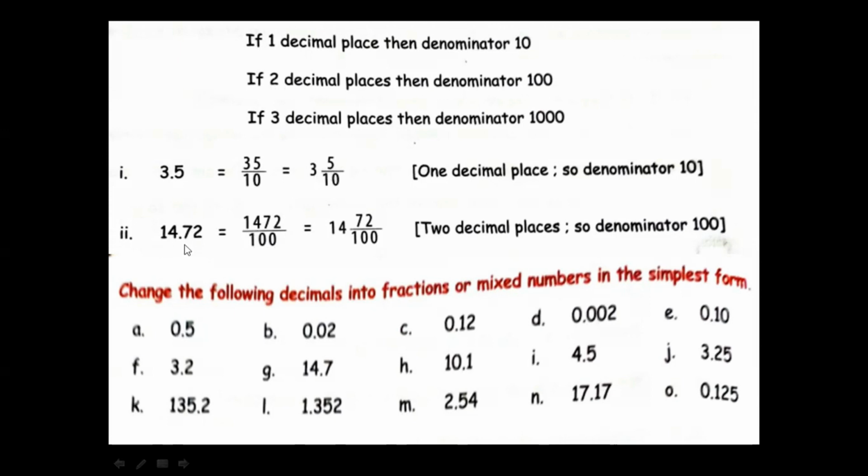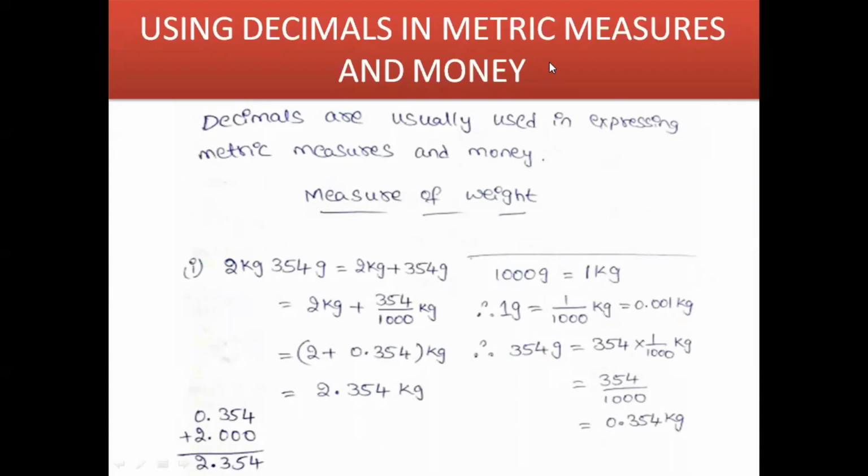Two decimal places we are having, so the denominator is 100. Now we are changing into mixed fraction. 1472 by 100. 100 into 14 is 1400 plus 72. Change the following decimals into fractions or mixed numbers in the simplest form.